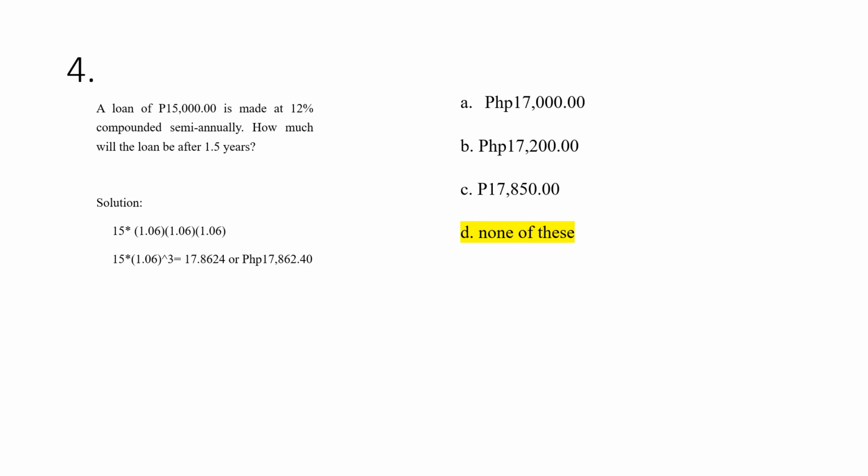So just picking up 15, but conscious that the final value will have to attach the 3 zeros, or the thousands value, 15 times 1.06 times 1.06 times 1.06 will give us 17.8624, or a final value of 17,862.40. From the given options, this value is not there, so our choice will be none of these.